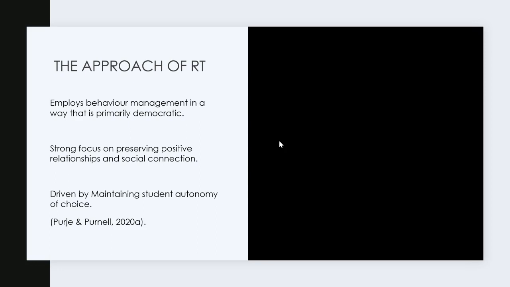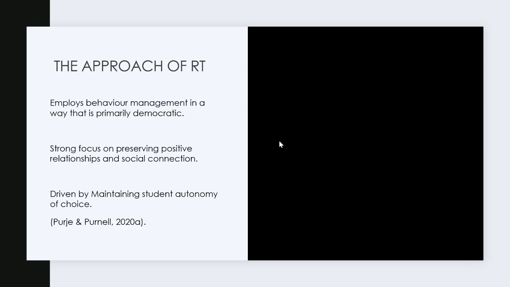It has a strong focus on preserving positive relationships and social connections. It doesn't try to isolate. It's trying to include and promote action and accountability. And it's driven by maintaining student autonomy.